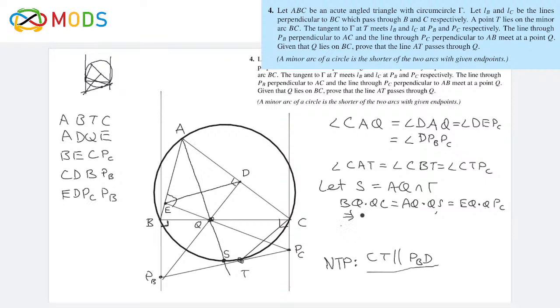Therefore, AESPC is cyclic. Therefore, angle ASPC is 90. Similarly, angle ASPB is also 90 degrees.